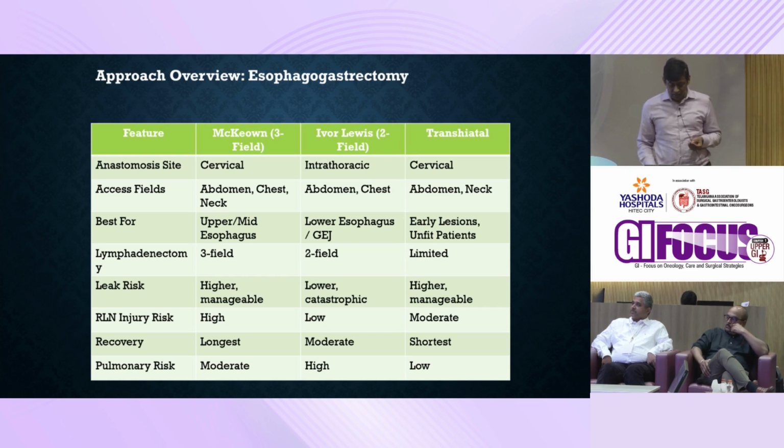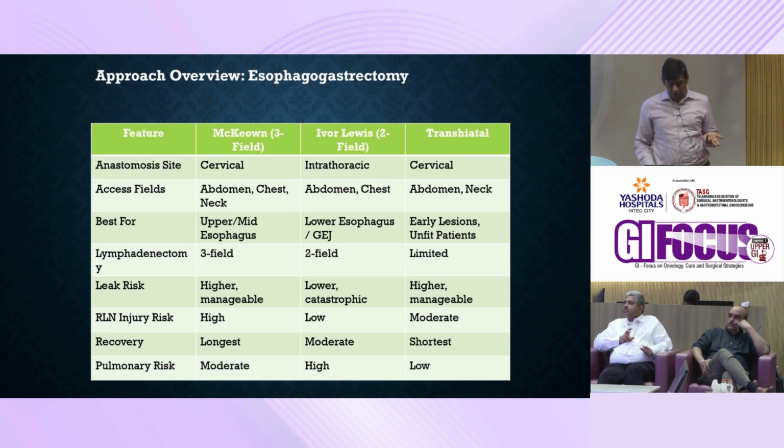For McKeown, we know the anastomosis is cervical, whereas Ivor-Lewis is intrathoracic. For transhiatal, of course, we do the cervical anastomosis. As already discussed by Dr. Senthil, the anastomotic leak rate is higher in McKeown, but it's easily manageable. In Ivor-Lewis, a leak can be catastrophic, but the leak rates are lower. Transhiatal again has higher rates because of the cervical anastomosis.